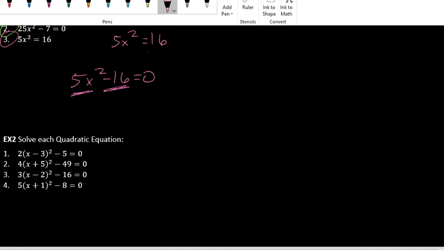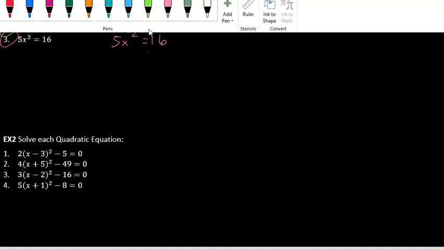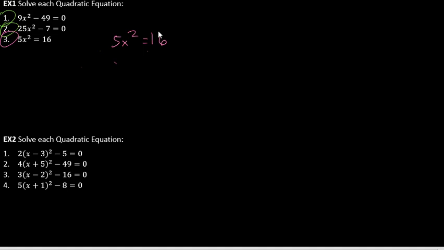I don't have a GCF between them, so I can't use factoring. All I can do, as we said, is just use good old-fashioned algebra. So all I'm going to do is divide by 5 on both sides. Then I'm going to take the square root of both sides.